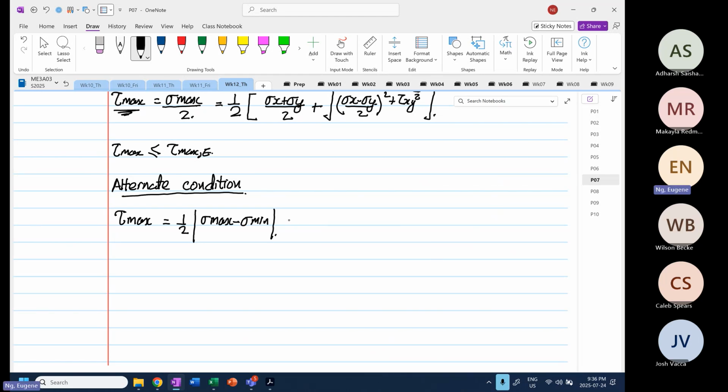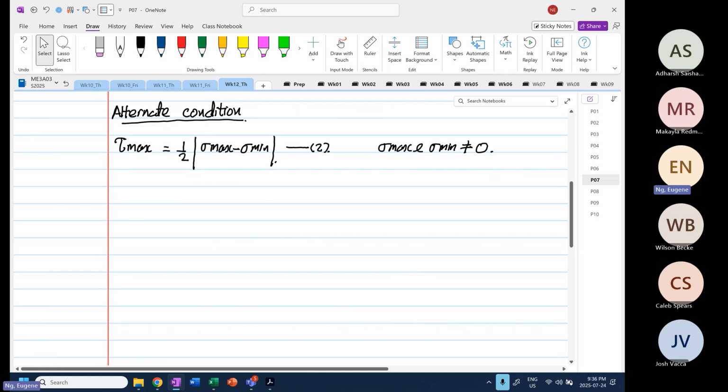I'm going to call this my equation 2. Now for this case, stress max and stress mean cannot be equal to 0 at all.